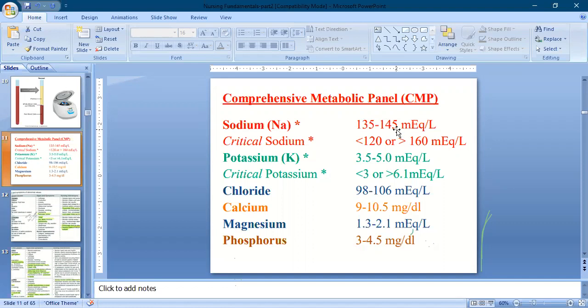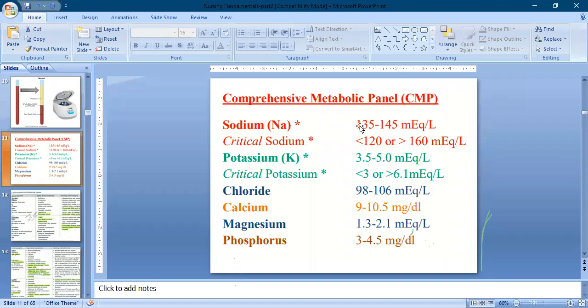So if you ask me, what are the normal functions of sodium? The normal function of sodium is to maintain the fluid balance in the body, and to maintain normal nerve function and normal muscle function. So when sodium is normal, in between 135 to 145, your nervous system works well, your muscle system works well, right?